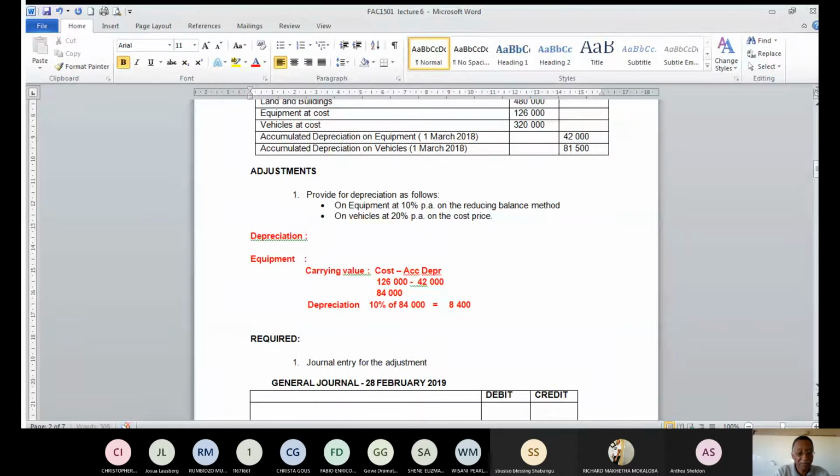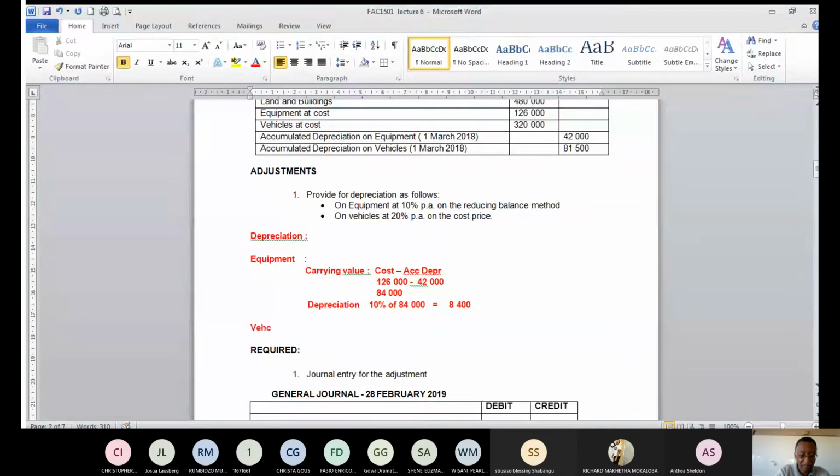The depreciation on the vehicles. Depreciation on vehicles must be calculated. Go to your adjustment, 20% per annum on the cost price. So you go to the cost price, and the cost price of your vehicle is listed as 320,000 Rand.